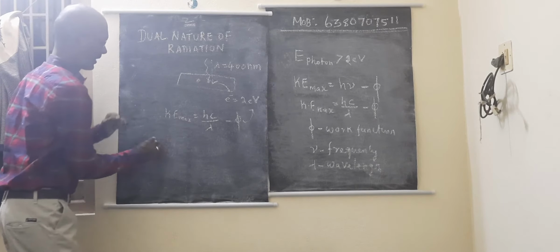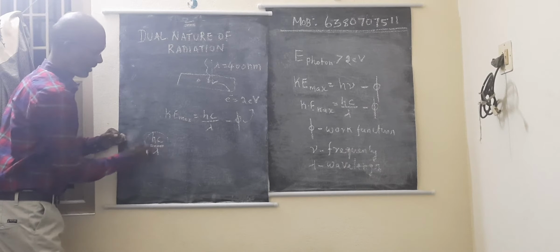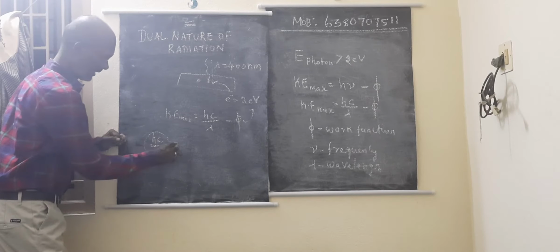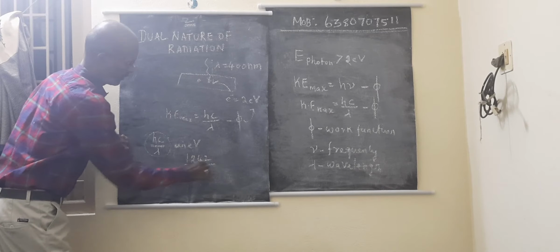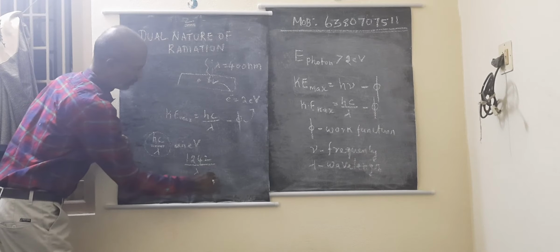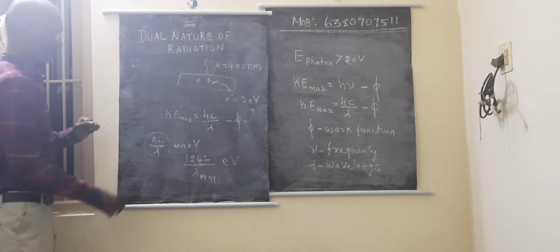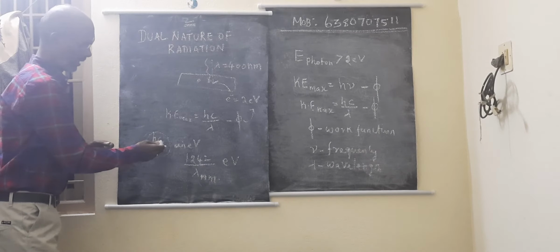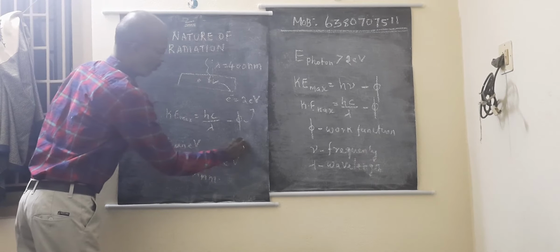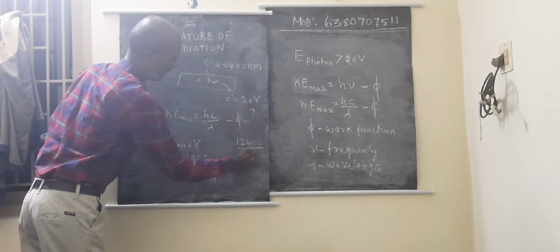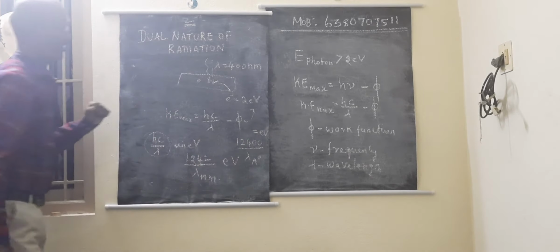So hc by lambda can be represented in electron volt by the formula 1242 divided by lambda in nanometer. So the final answer will be in electron volt. Otherwise, if the wavelength is in Armstrong, then 12400 divided by the wavelength in Armstrong will give you the answer in electron volt.